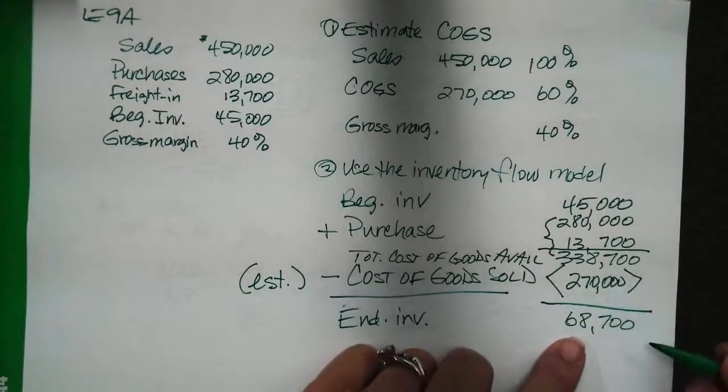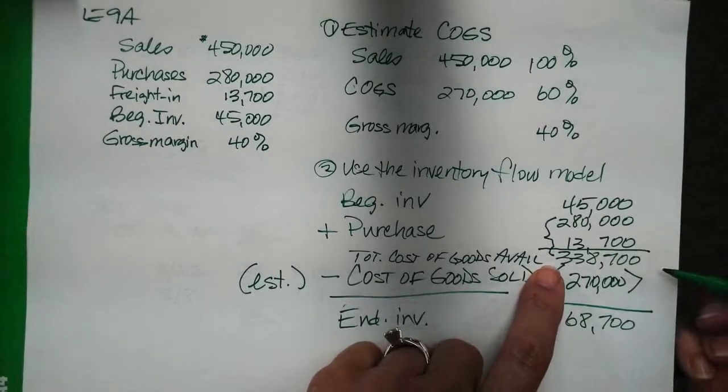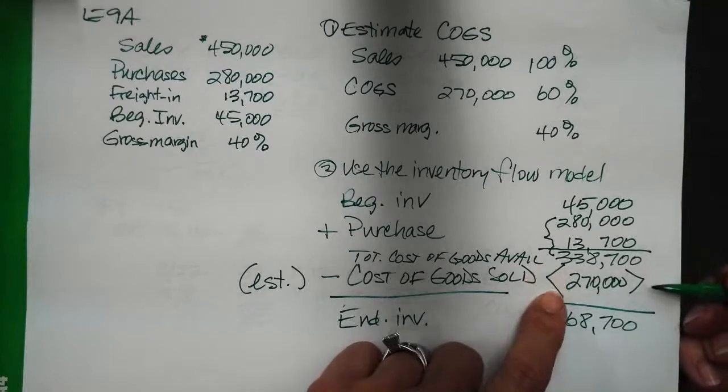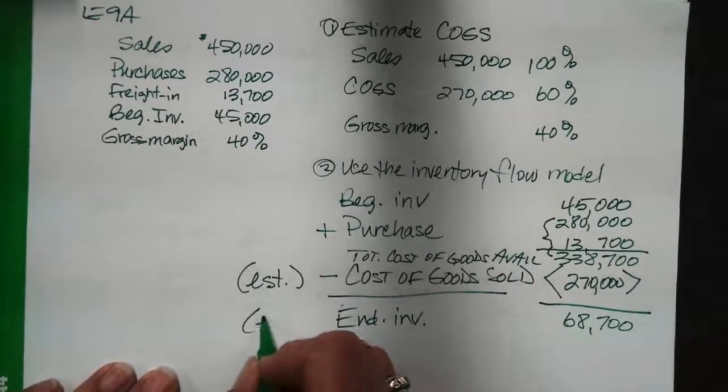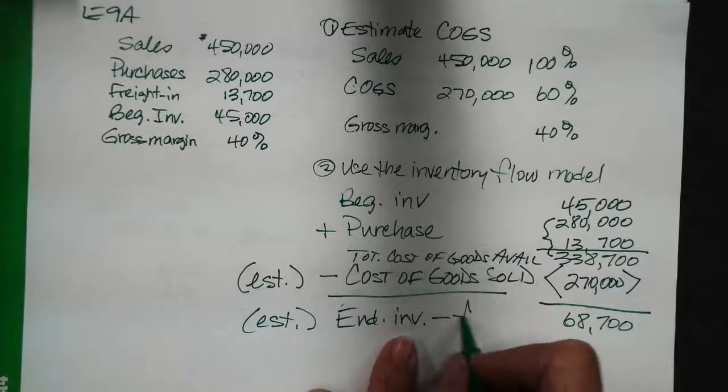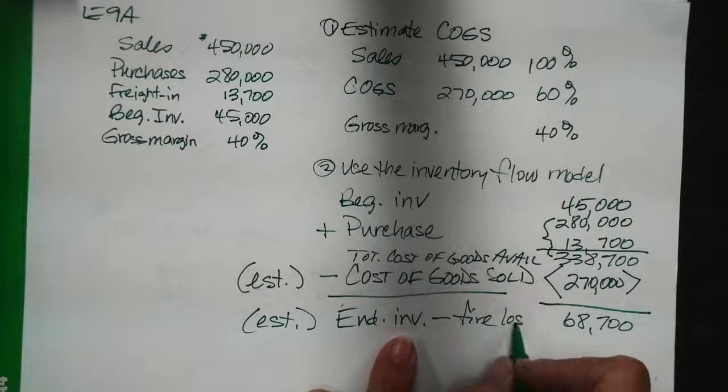So 338.7 total cost of goods available, beginning inventory plus purchases plus freight in, less cost of goods sold estimated, then we can find the estimated ending inventory, and that is the fire loss. That is the fire loss.